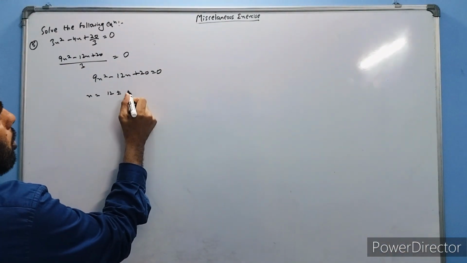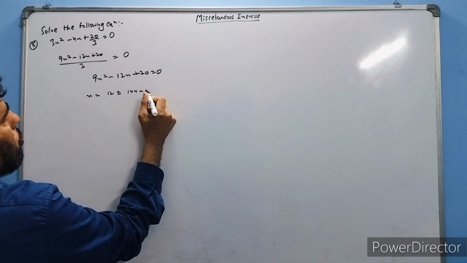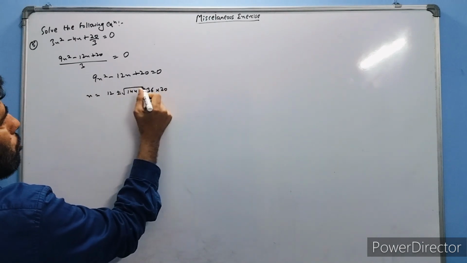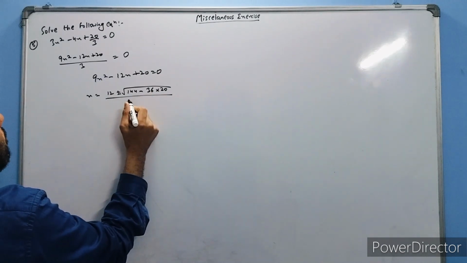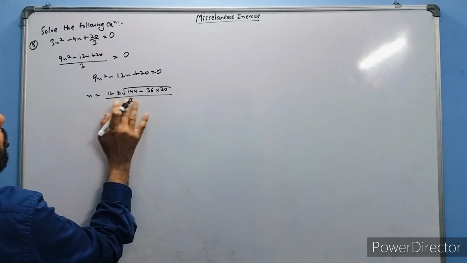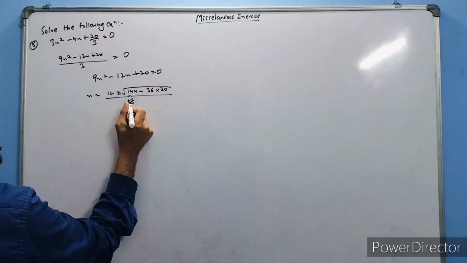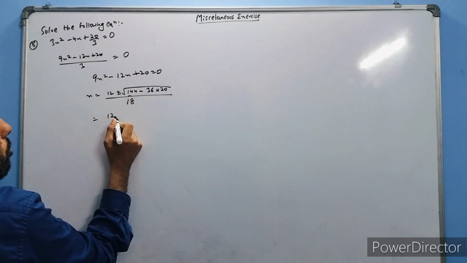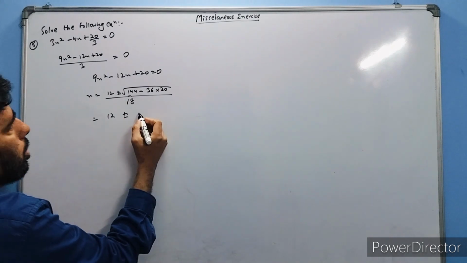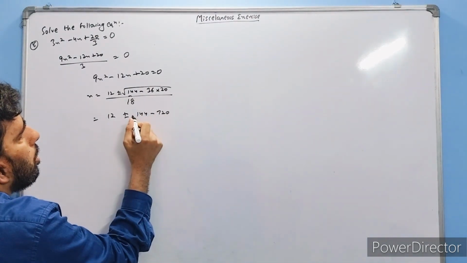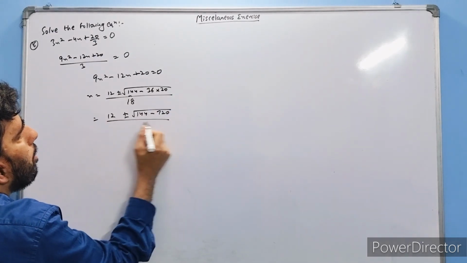We'll have b square, 144, minus 4 into 9, 36 into 20, 4ac, upon 2a, sorry, so 2a will be 18. So we have 12 plus minus the square root of 144 minus 720 upon 18.